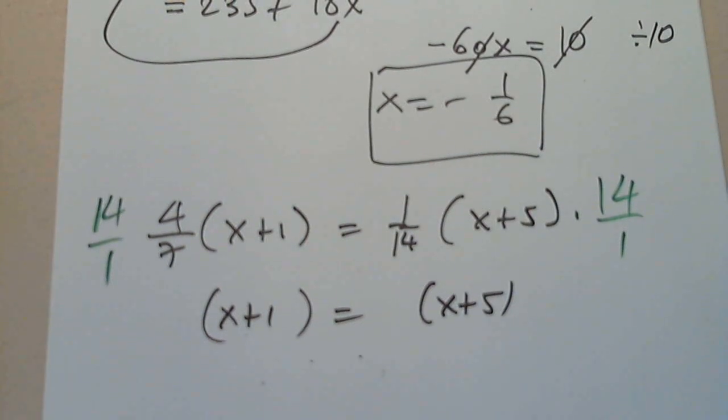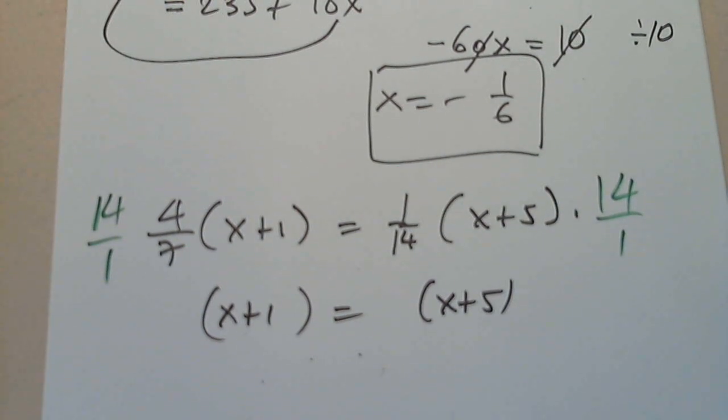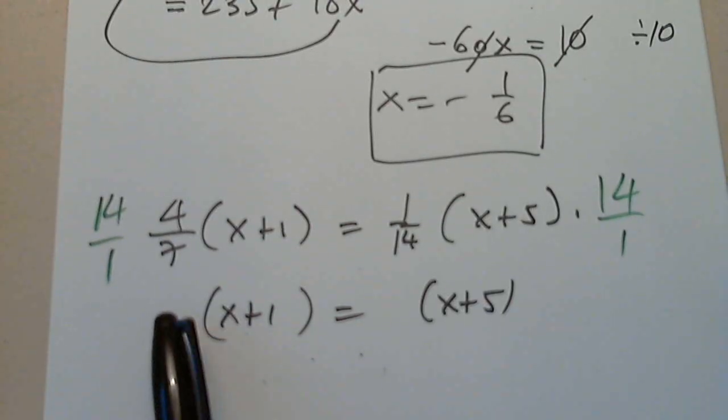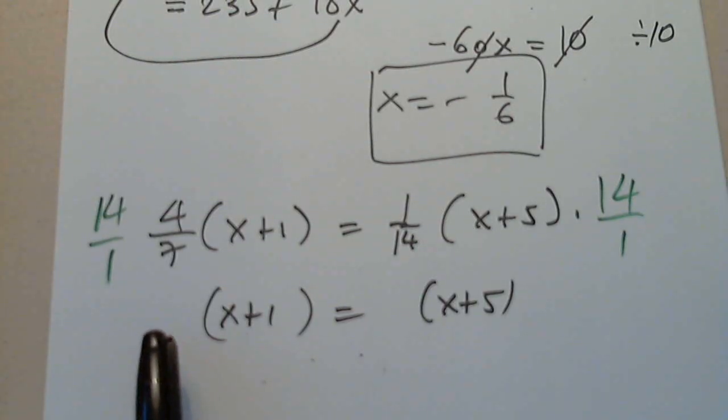But tell me what they have in front. What do we have here? Do not multiply. Simplify first. Is it 8?